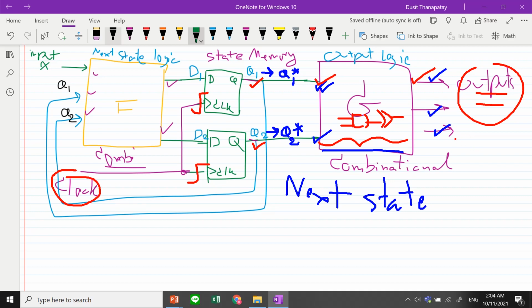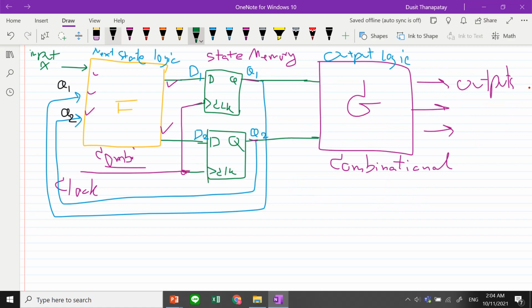Because its input is from flip-flop, and the output of flip-flop changes when clock tick. So the output of this structure will change at the same timing of clock tick.